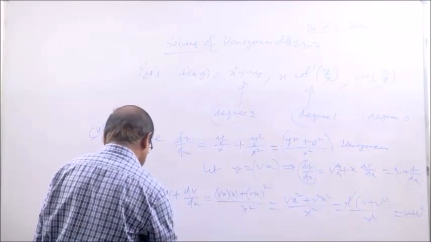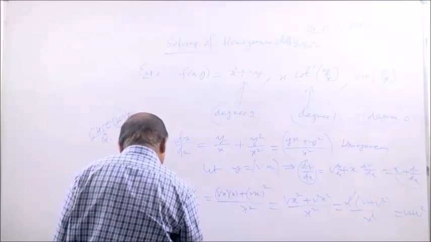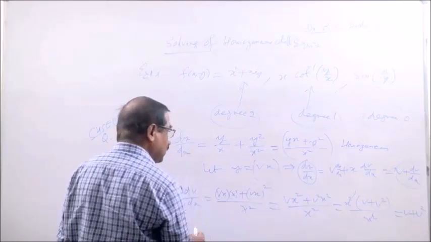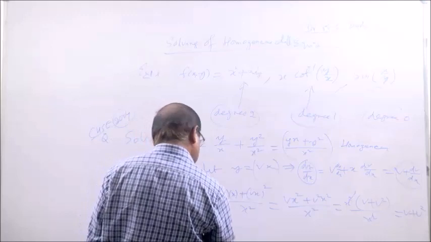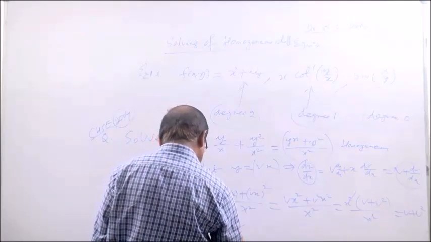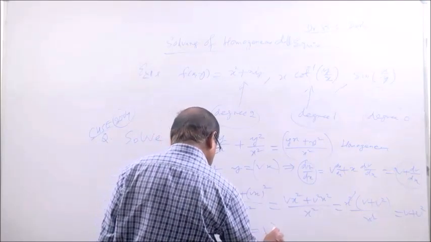So what is x dv by dx? It is v plus v square minus v, which is v square.